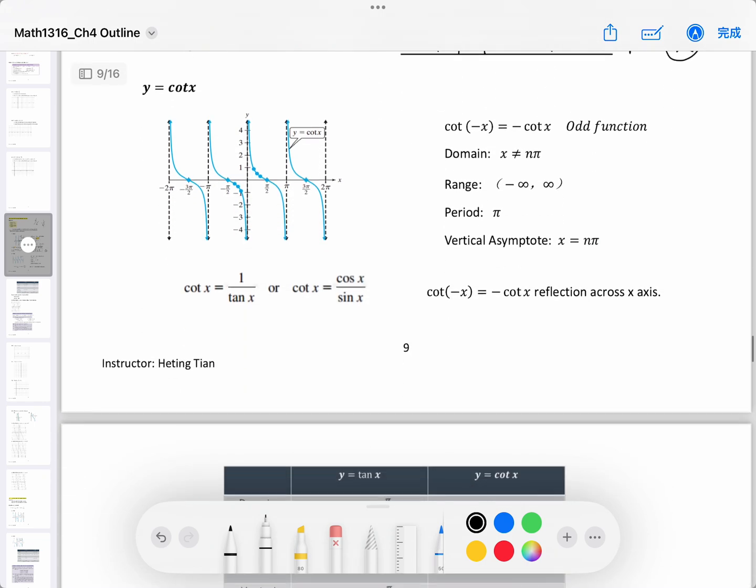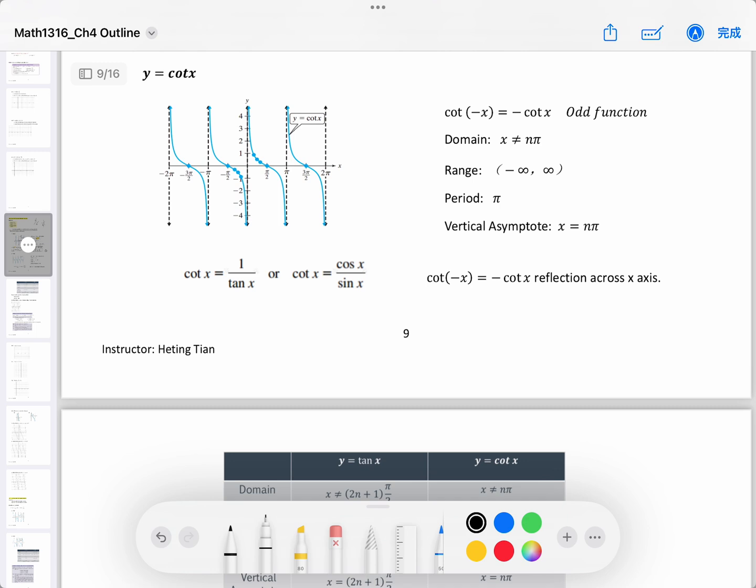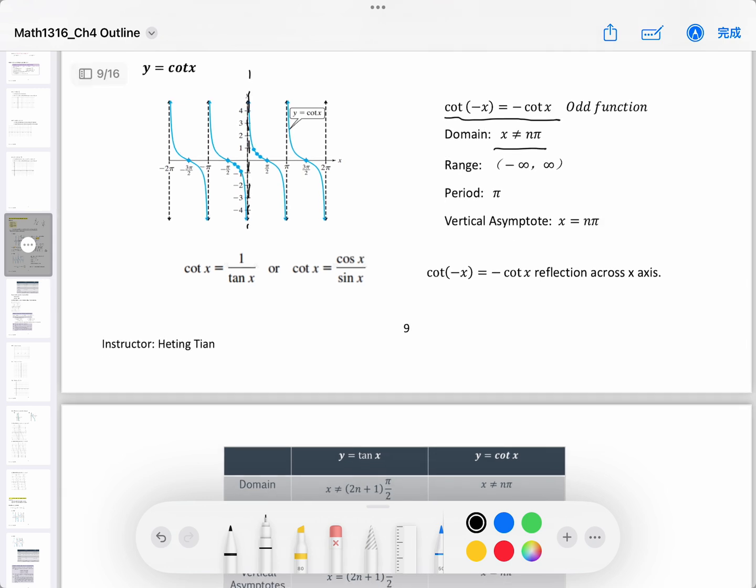Cotangent is also an odd function. When we input negative x in cotangent, it is negative cotangent. The domain is x not equal to n pi. So n equal to 0 is this vertical line, and n equal to 1 gives x equal to pi.